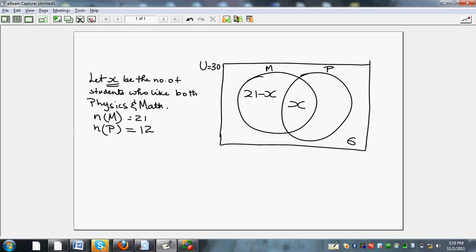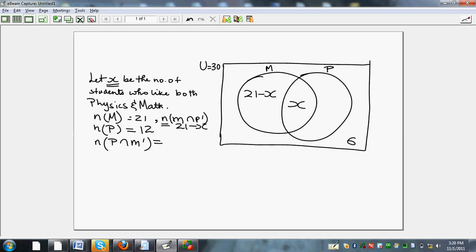So what we had deduced was the number of people that like math only, which is the number of people that like math and not physics, and we got that to be 21 minus X. And the number of people that like physics only, physics and not math, in the physics circle you're supposed to have 12 in total.